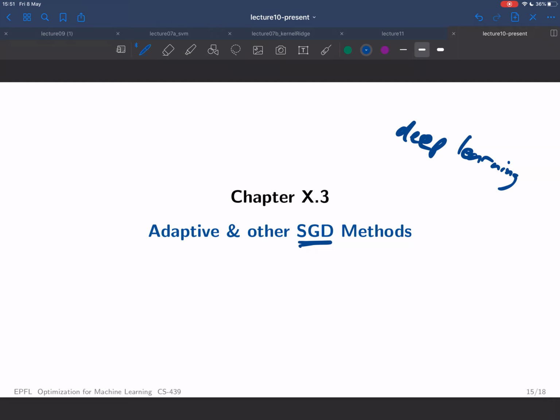And it's quite fascinating that deep learning has been around for so many decades, and SGD is still one of the best algorithms. What I'm going to show you now is that while that's still the case, there are slight variations of SGD which are able to outperform SGD in practice.